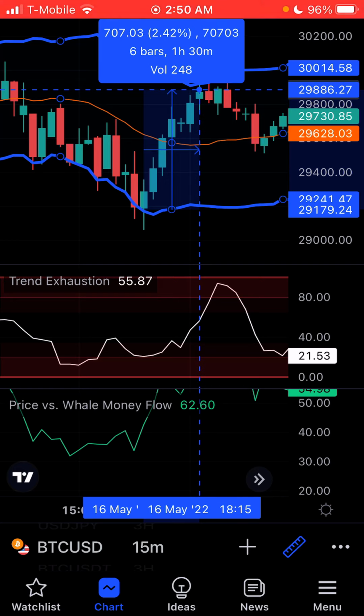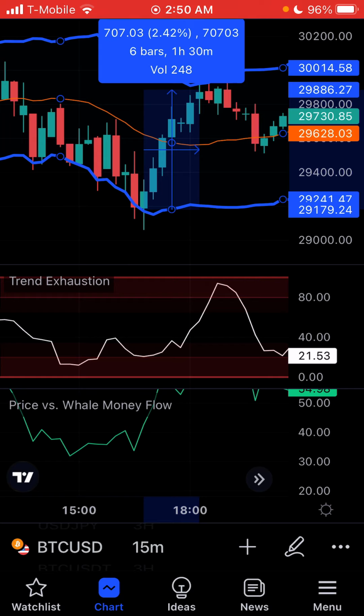That is a 2% right there. Since these bars are 15 minutes, this would be an hour and 30 minutes. In an hour and 30 minutes, I would have made close to 3%.